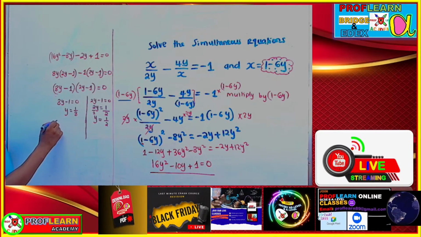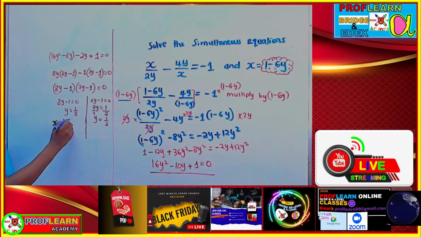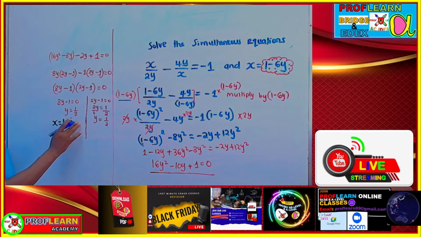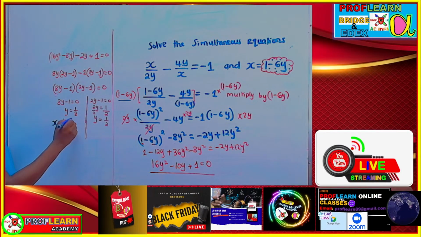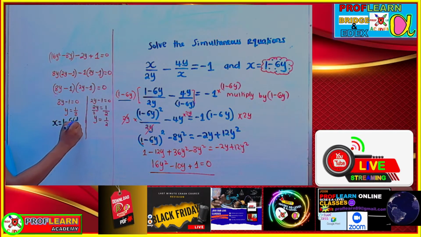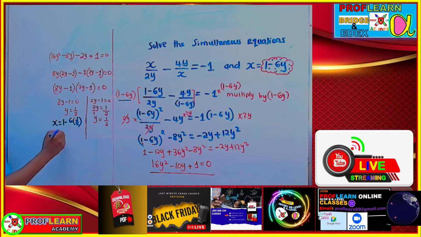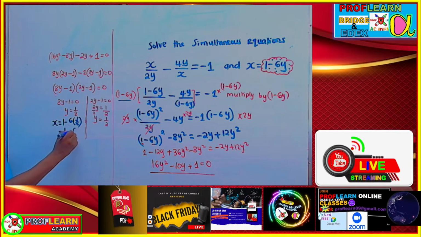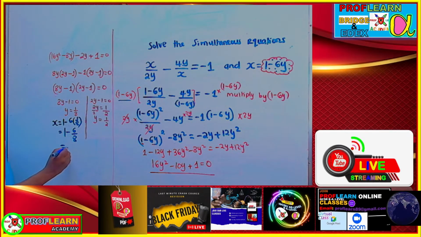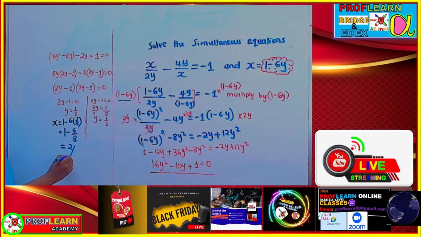So x is going to be equal to 1 minus 6 over 8, which is going to be 2 over 8, which is going to be 1 over 4.